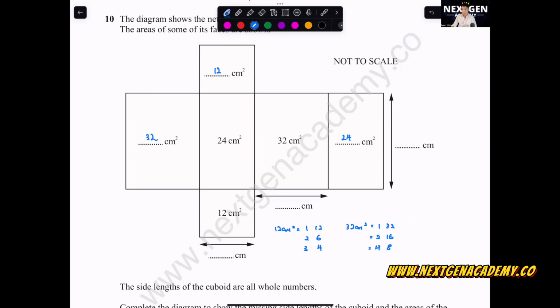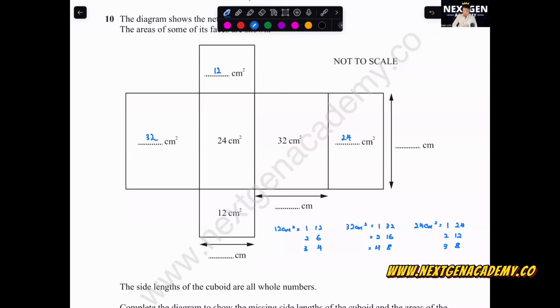I think this is it. Then 24 cm square: 1 and 24, 2 and 12, 3 and 8, 4 and 6. All right, what do we want to find here?